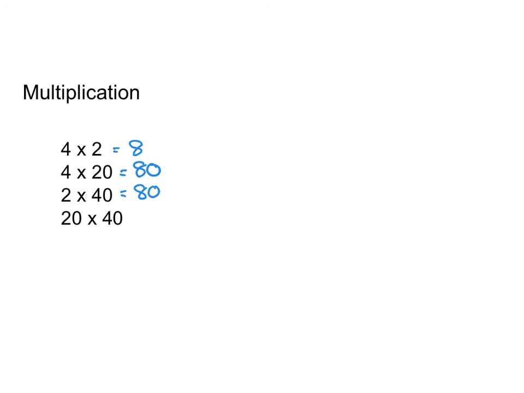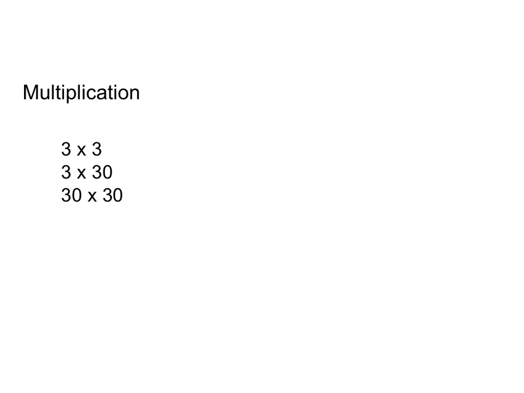Same thing. Even though we went from 4 times 20 to 2 times 40, they still both equal 80. And then we have 2 tens times 4 tens is equal to 8 hundreds.